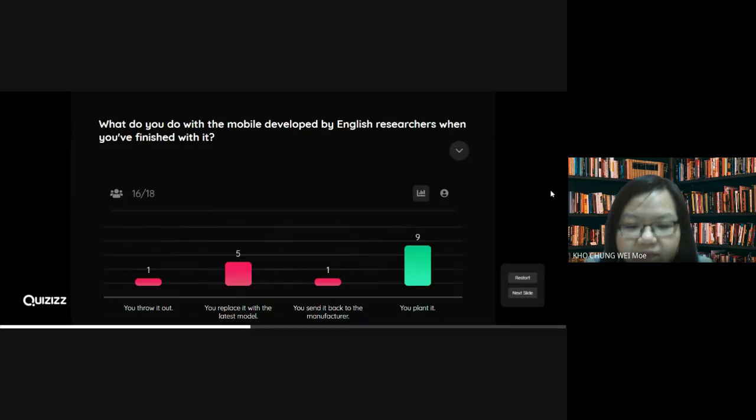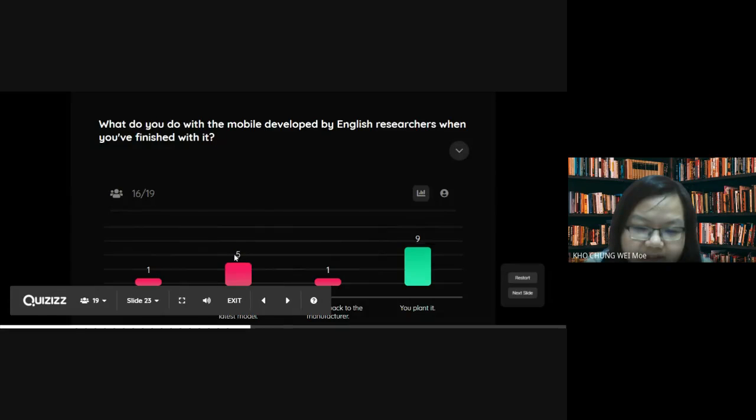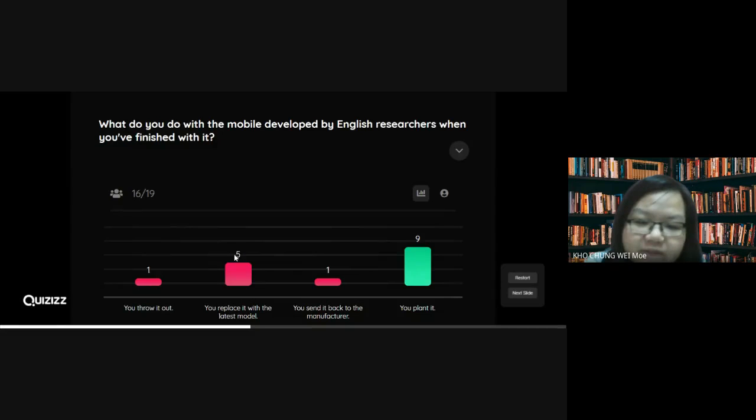9 of you mentioned you plant it. That is what happened to the mobile phone. You plant it. No one forced you to replace it with the latest model. Okay, so the 5 of you who have chosen this particular option, you are basically distracted by the first part of the text. Okay, so what you do with this eco-friendly mobile phone is you plant it, you do not replace it with the latest model.